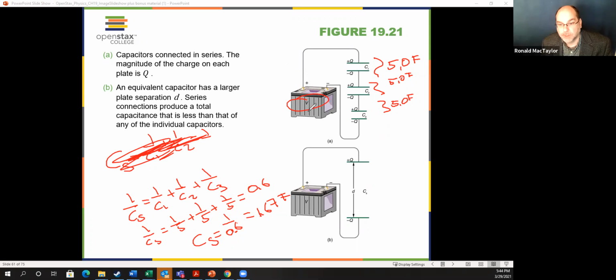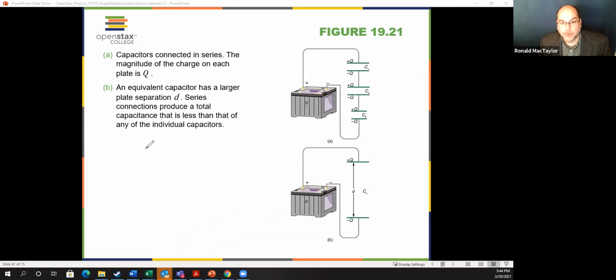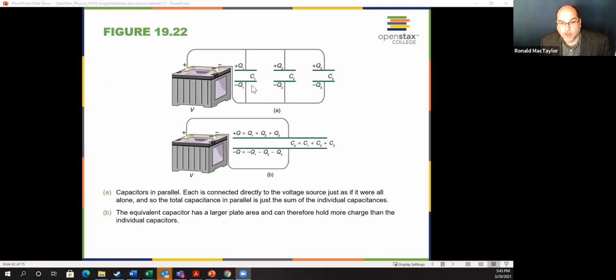So if we divide the voltage up, we're ending up with a lower total capacitance, as opposed to the situation where you take 3 capacitors and you hook them all up in parallel.